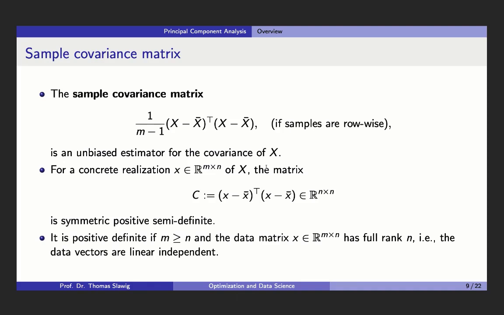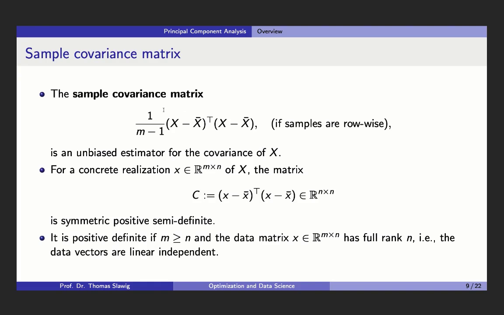So we didn't talk about an estimator for the covariance matrix. In this case, this is an unbiased estimator for the covariance of X. We have a matrix in the data itself, but we are only considering the covariance with respect to the different samples, or elements of the samples.